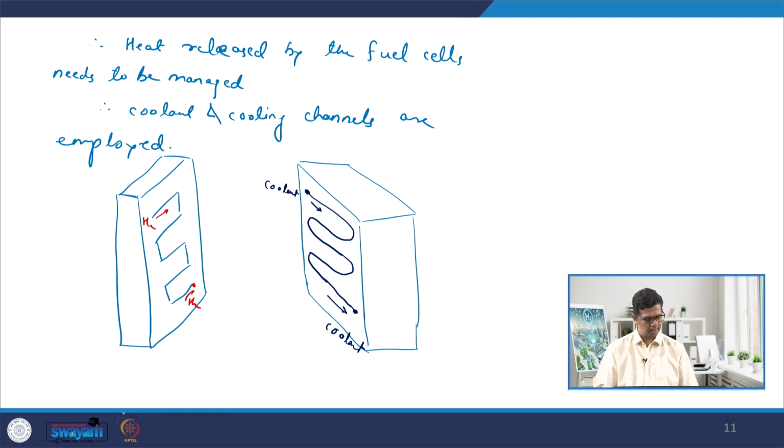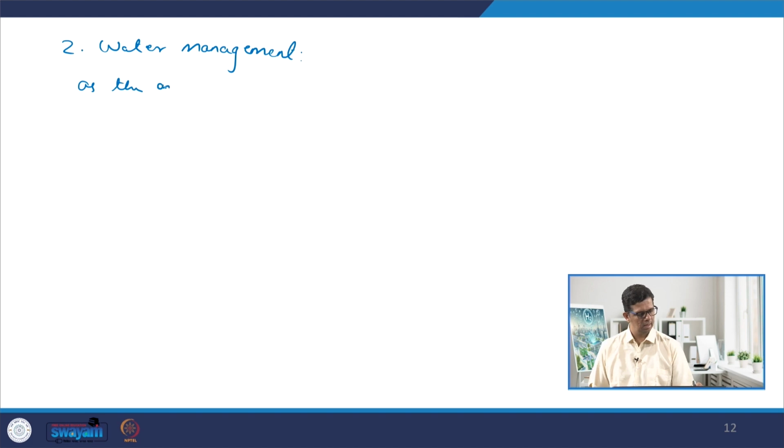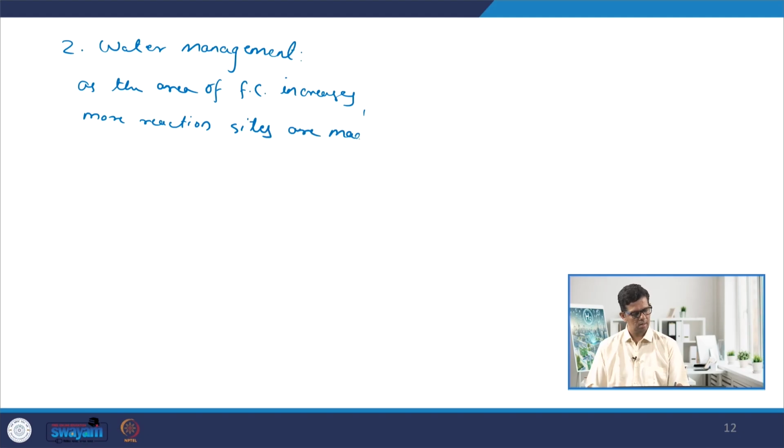Let us move to the second case, that is water management. So, let me write this up. As the area of the fuel cell increases, what happens is more reaction sites are made available.